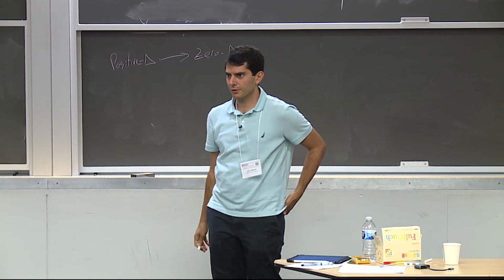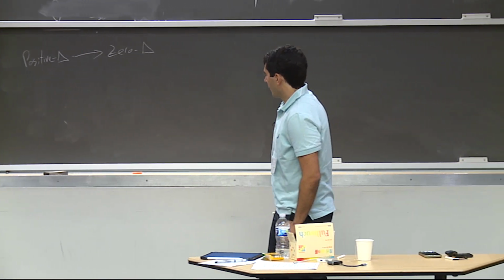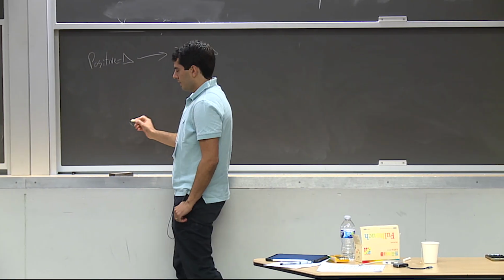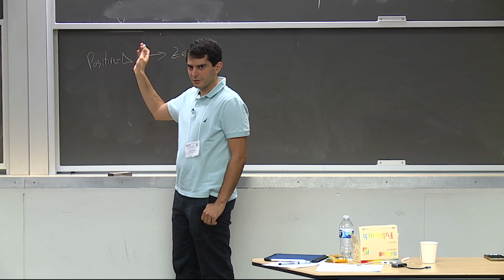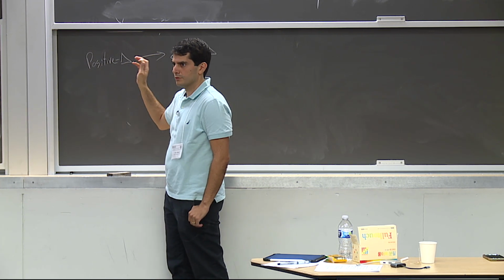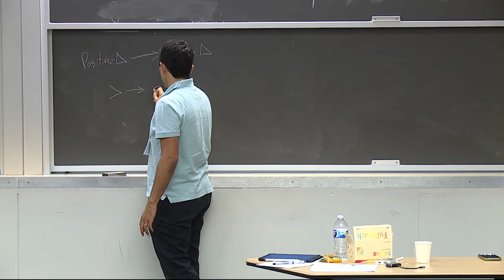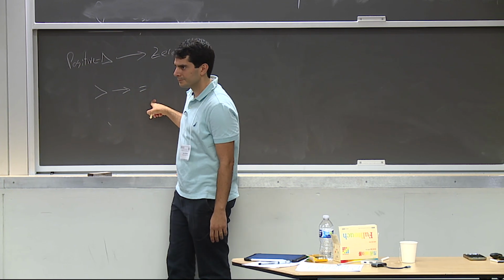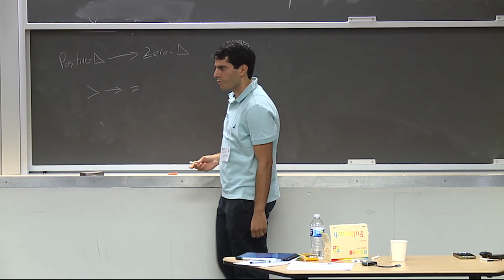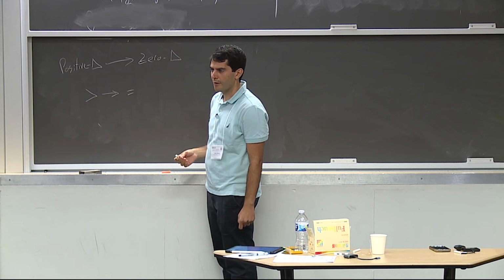It's just easier to think about positive. Okay. The reduction here is going to be a general thing. I'm not really going to talk about triangles. It will be specific to triangles, but you should think of it as reducing this kind of question to this kind of question. It will apply for many other problems.